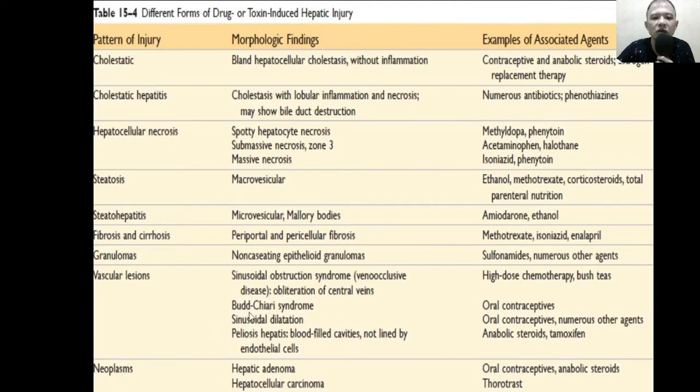Budd-Chiari syndrome is thrombosis in the hepatic outflow of the liver. Hepatic adenoma is also a result of the abuse of oral contraceptives. Angiosarcoma is secondary, most especially, to prolonged exposure to vinyl chloride, polyvinyl chloride, PVC.